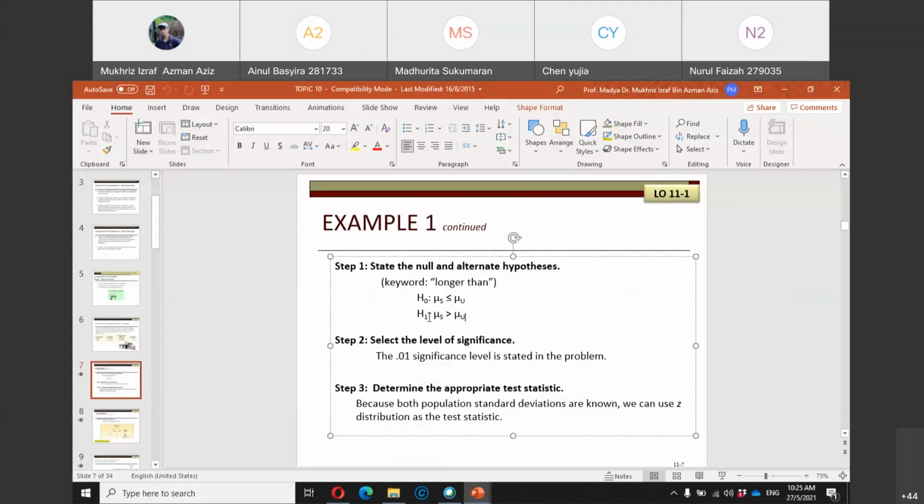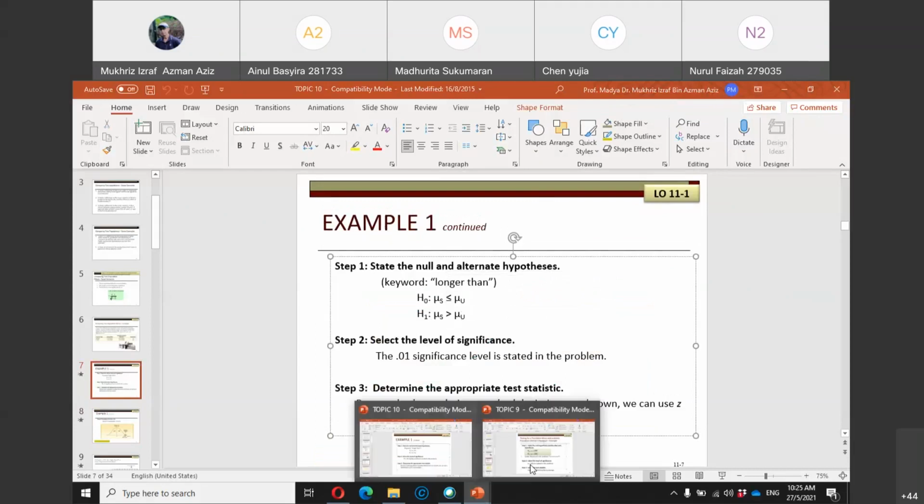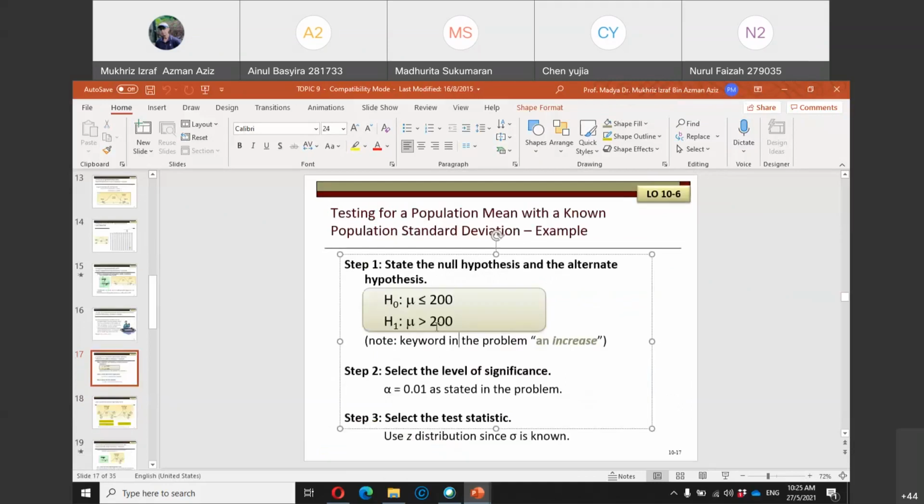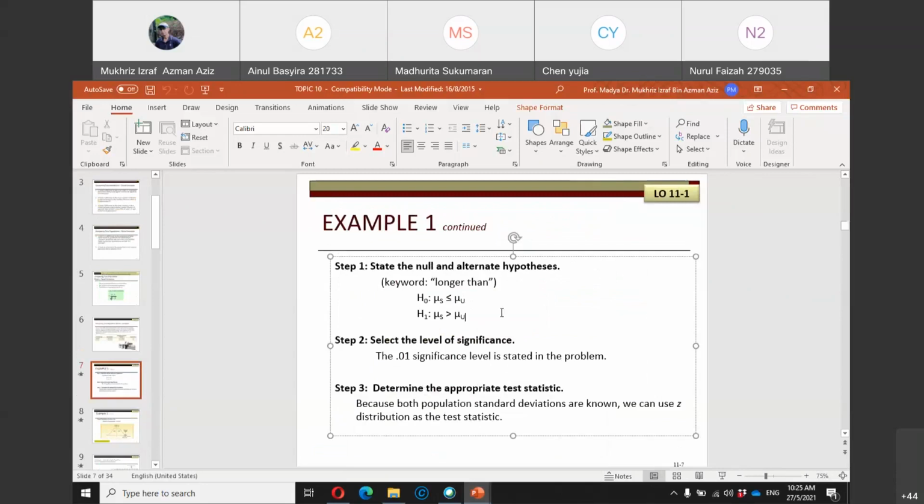It is just that because we are doing two sample tests, unlike in the one sample test where the mean is followed by a value, in a two sample hypothesis test there is no value that you need to put in here. What is important is which one you are comparing, whether it's more than, less than, or not equal to. Because the keyword is longer than, we choose the more than sign.